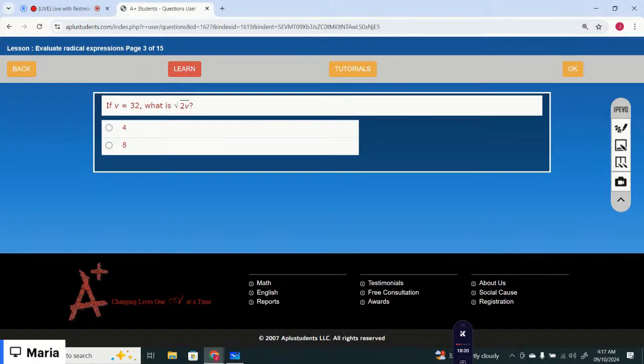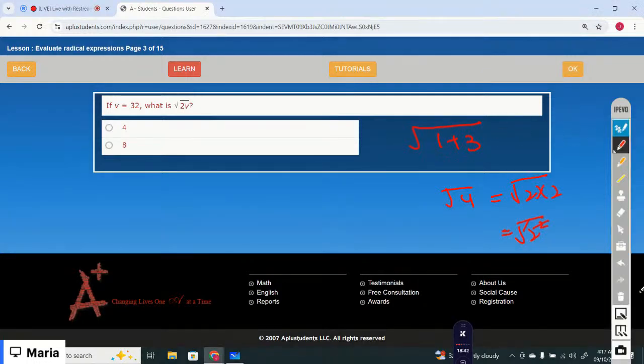The next one is: if v equals 32, what is square root of 2v, which is the correct option? 2v, right? 2 times 32, that is 64, right?